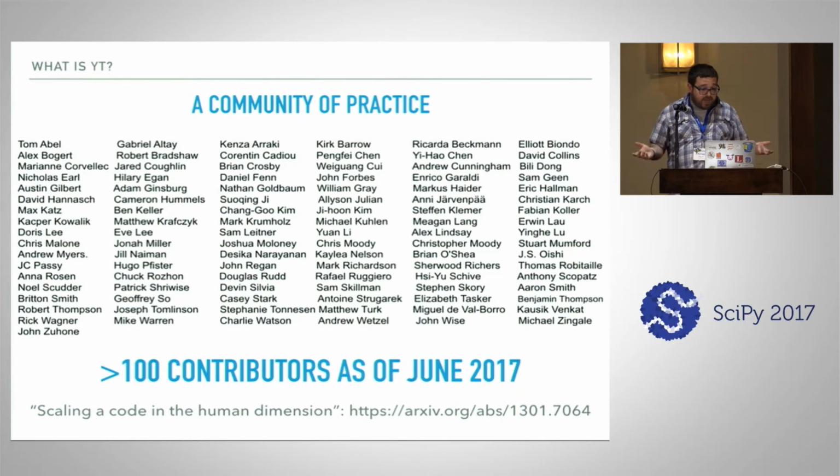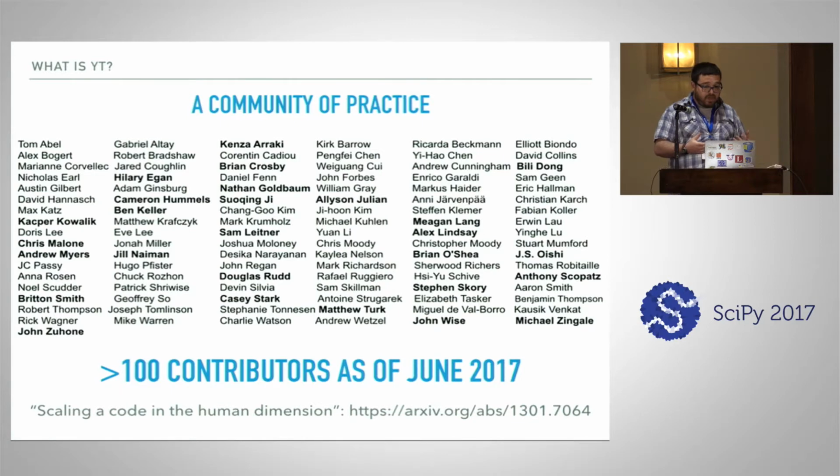YT is a community of practice. As of June 2017, when I made these slides, we have more than 100 contributors. If you want to know more about how we built up the YT community, and if you're interested in building a community of practice in your field, there's a very nice paper by Matt Turk, the founder of the YT project, at the archive link at the bottom of my slide, about how to scale a code in the human dimension.